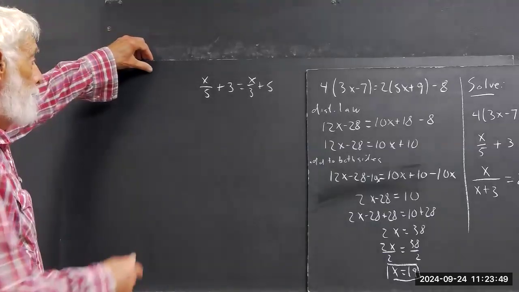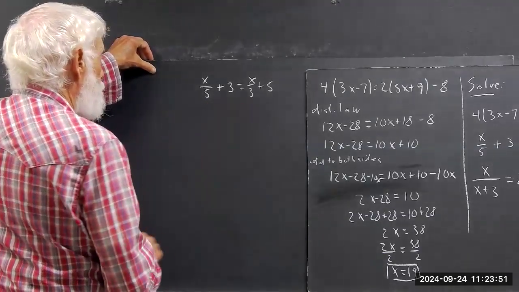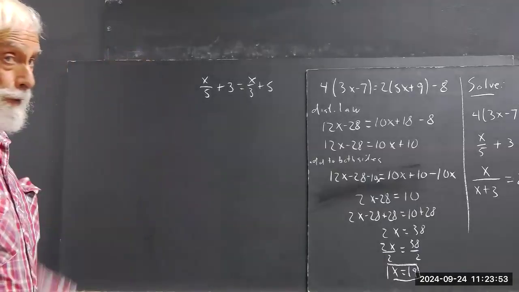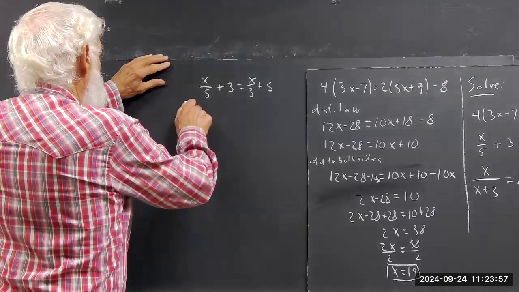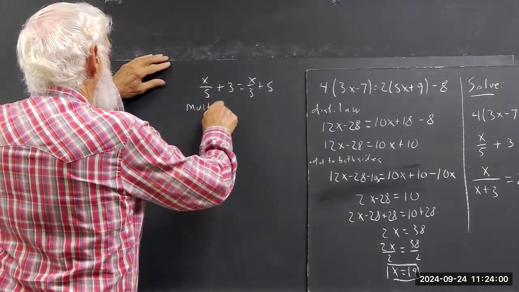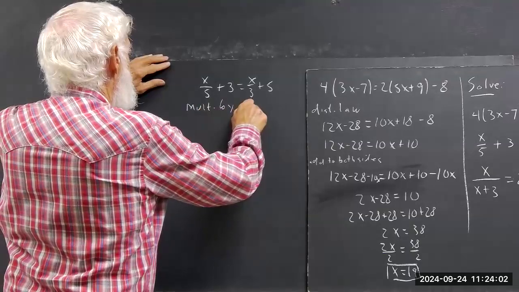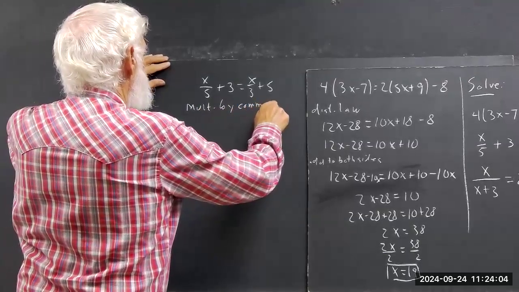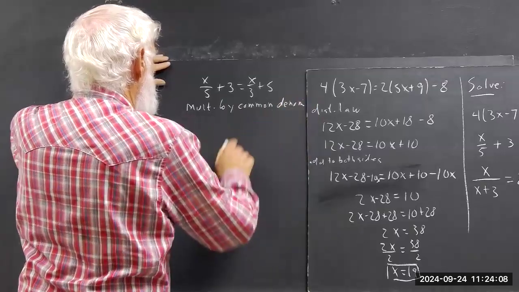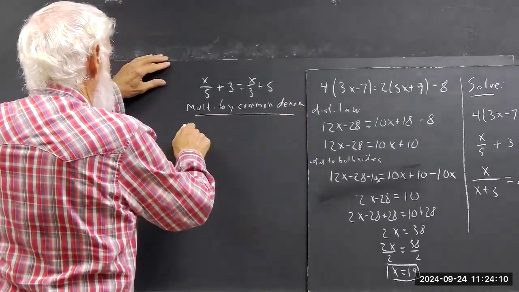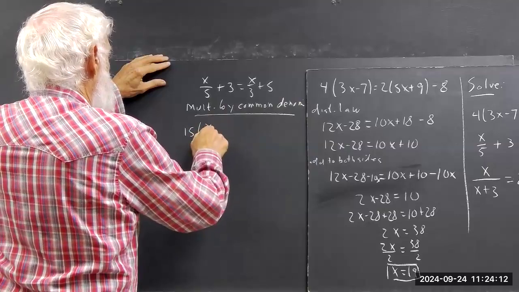Okay, so here we're going to multiply both sides by the common denominator. So we multiply by the common denominator, 15 times x over 5.